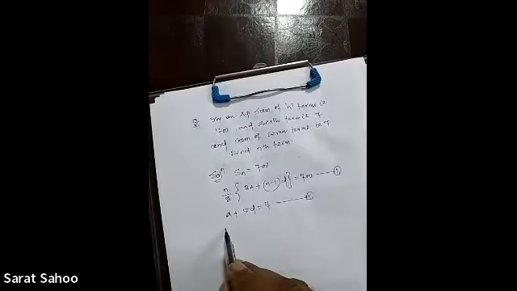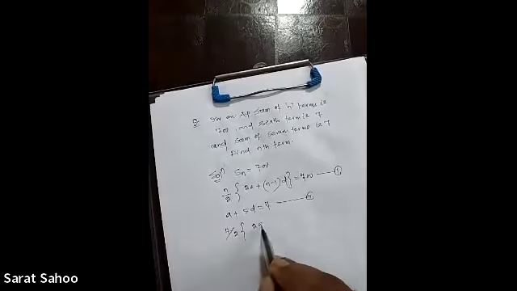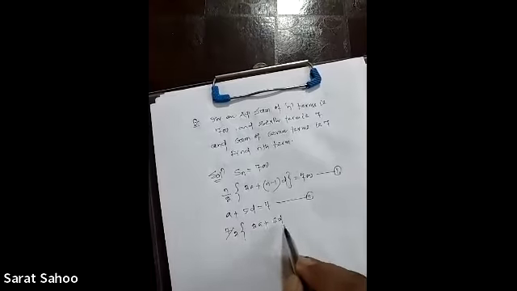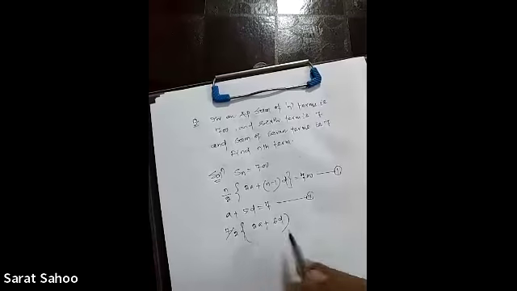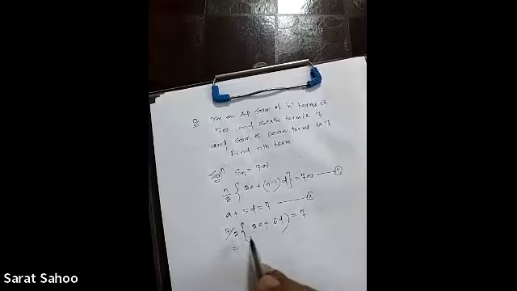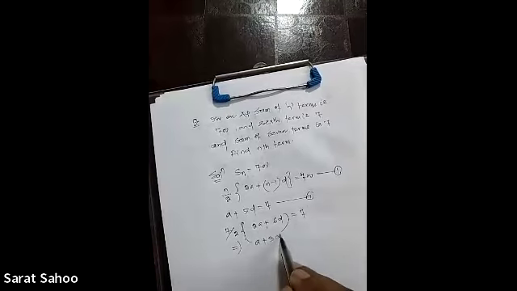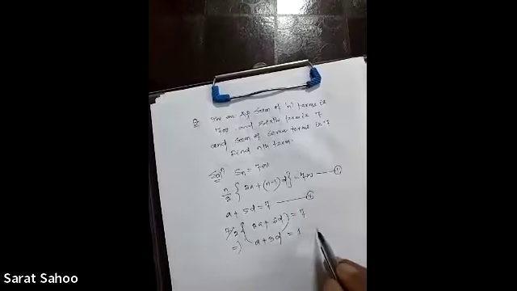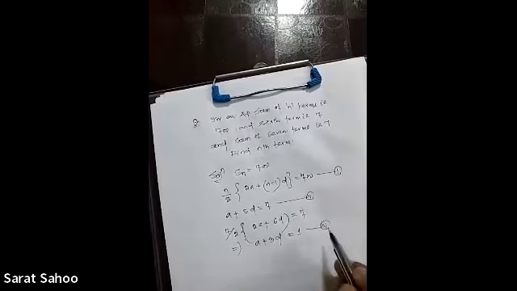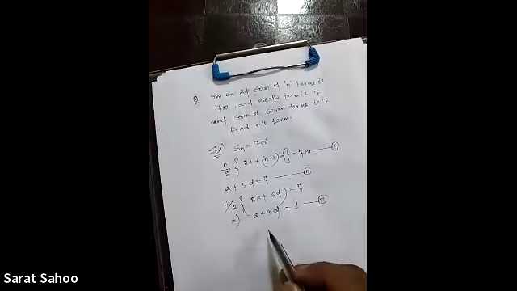Sum of 7 terms: 7 by 2 into (2a plus 6d) is equal to 7. So 2a by 2, a plus 3d. A plus 3d is equal to 1. It is equation 3. If you subtract equation 3 from equation 2, you will get the value of d.